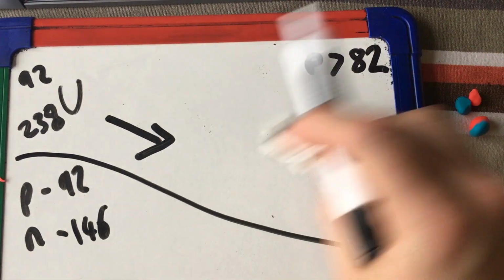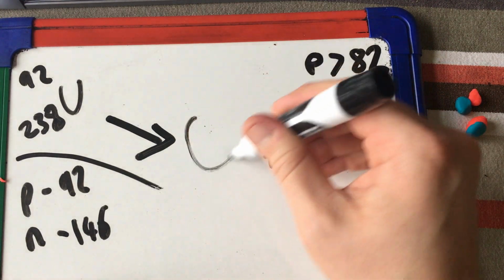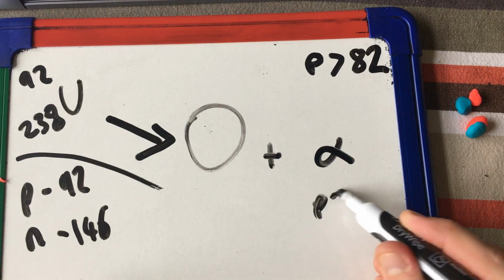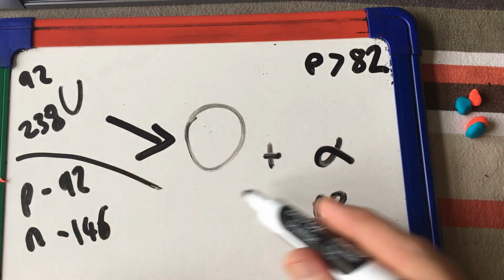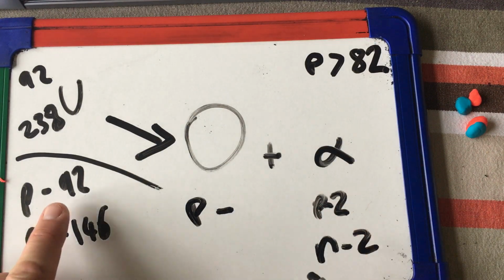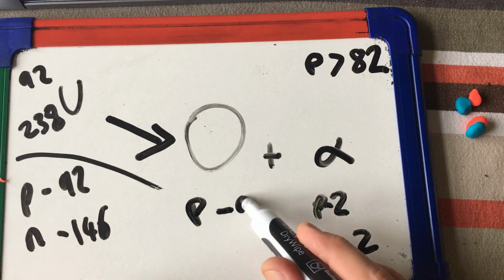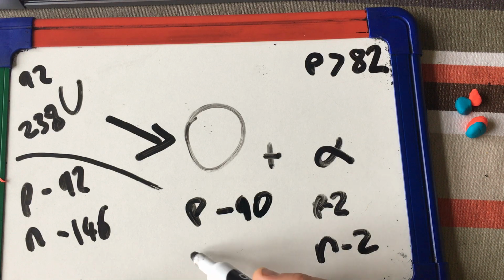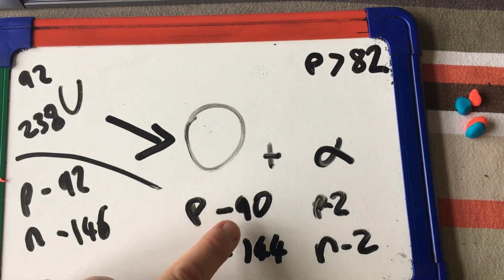So it's going to give off an alpha. Now I know alpha has a proton number of 2 and a neutron number of 2. So the proton number is now going to be, if it was 92, it lost 2, it's become 90. If it had 146 neutrons and it lost 2, it becomes 144 neutrons.